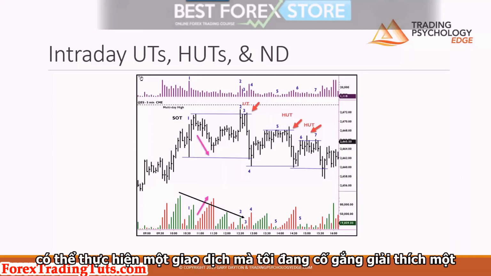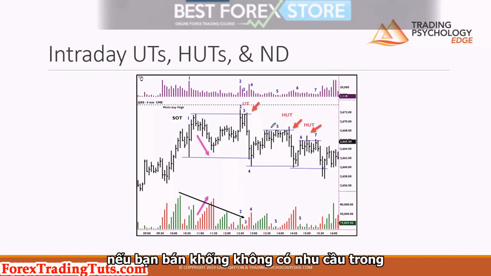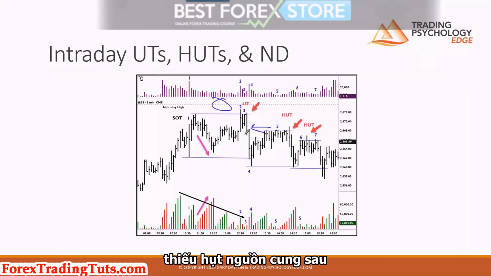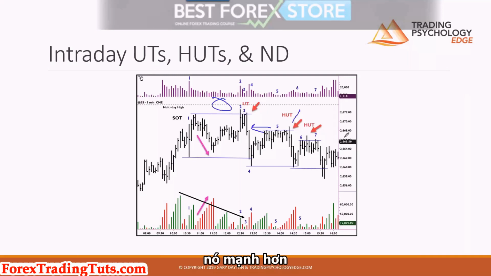I'm trying to explain a given sign of weakness and an indication for that. If you short the no demand, you're shorting into supply after a daily high was rejected. That's fine. The hidden upthrust makes it stronger in this situation.